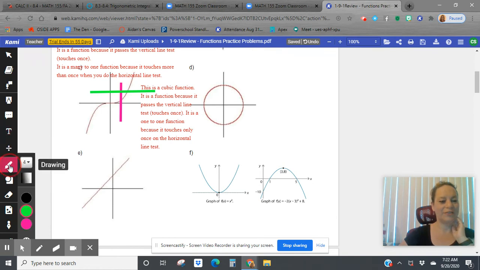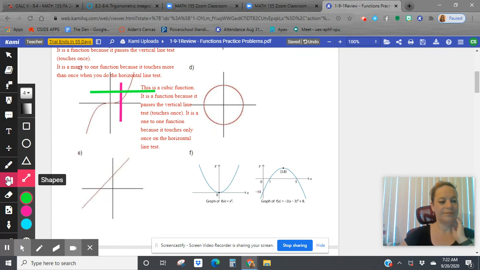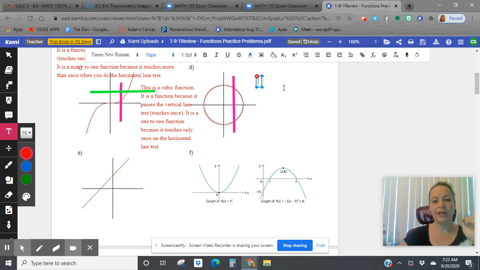Next is a circle. Since the circle touches twice on the vertical line test, it is not a function. So we don't even have to do the other test.